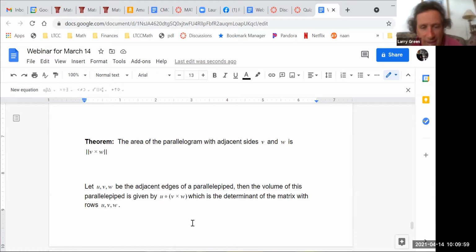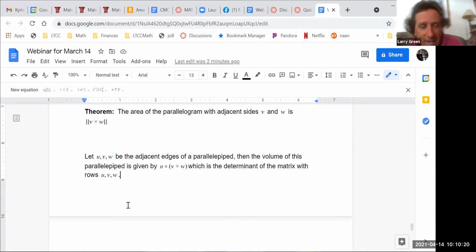Any questions on that idea? And the volume of the parallelepiped is given by U dot V cross W, which is the determinant of the matrix with rows U, V, W. Okay, any questions on that idea?